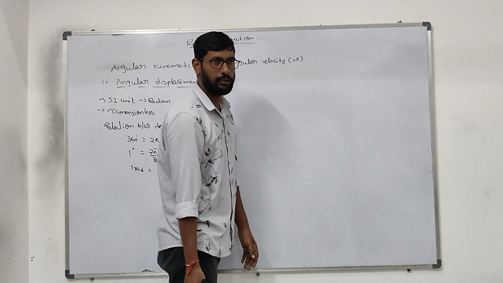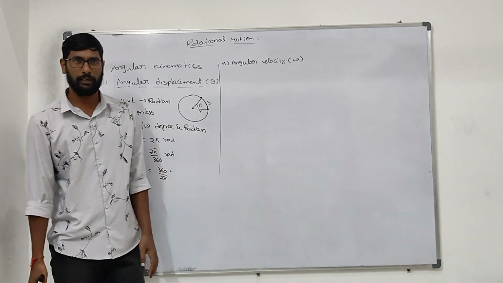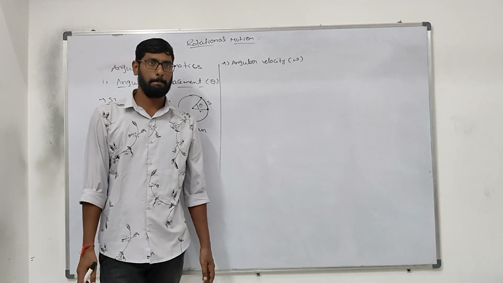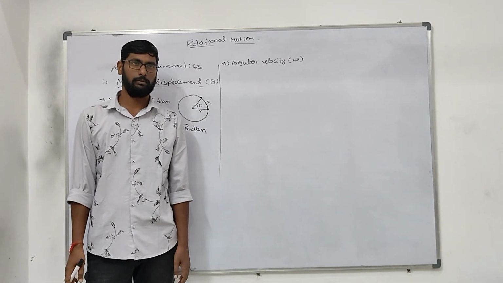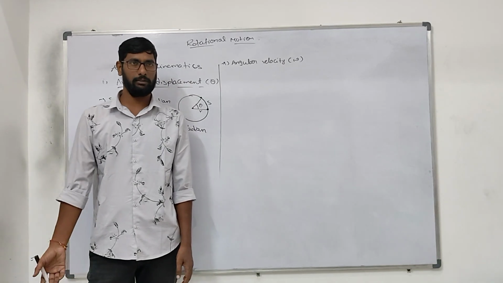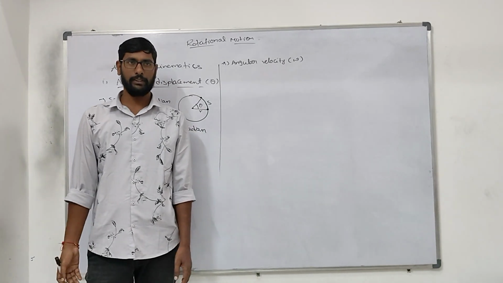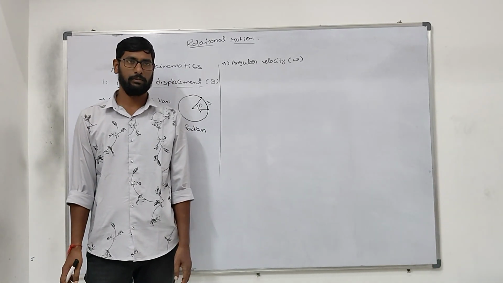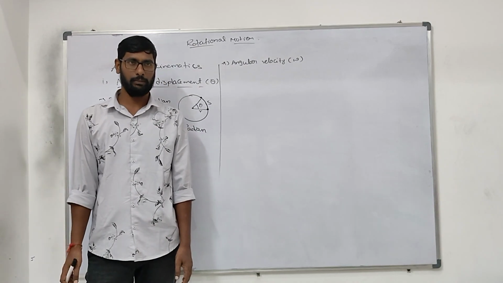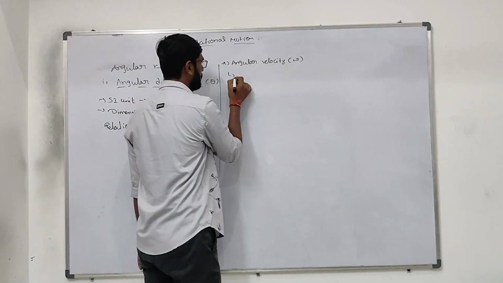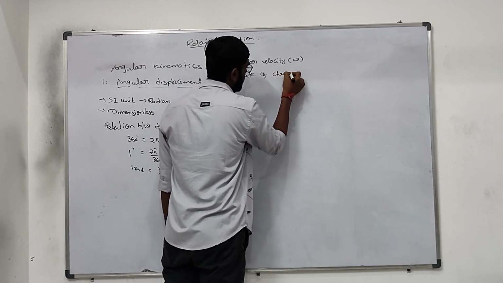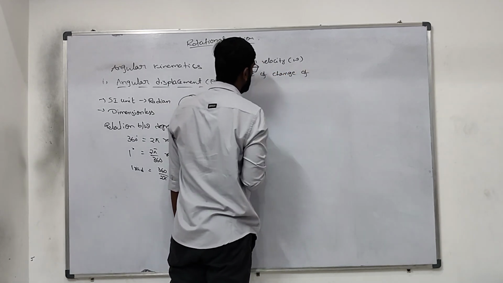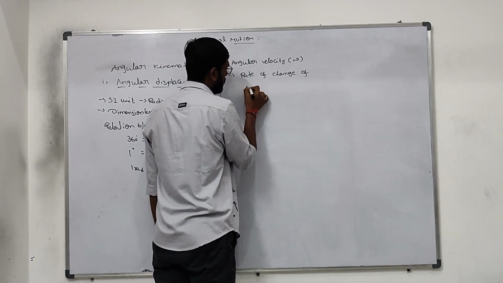So we know linear velocity. How will you define linear velocity? Formula is displacement by time. Definition is rate of change of position, or rate of change of displacement. So it is also defined in the same manner: rate of change of angular displacement.